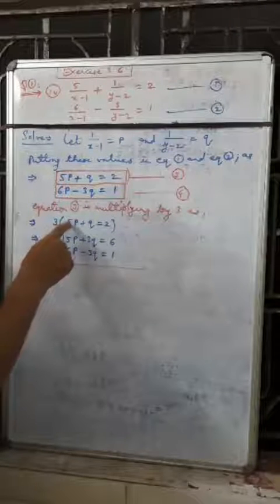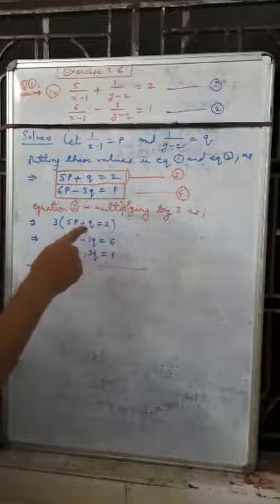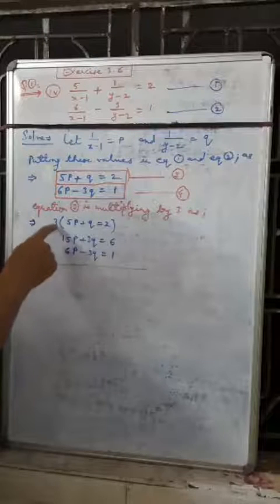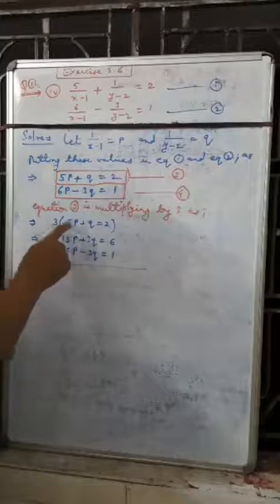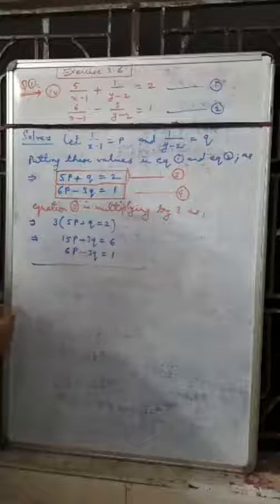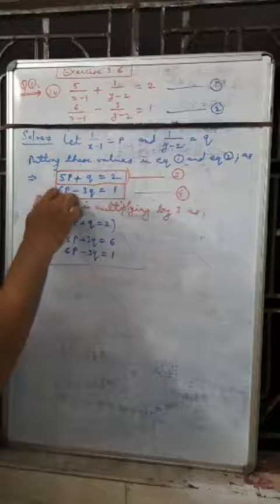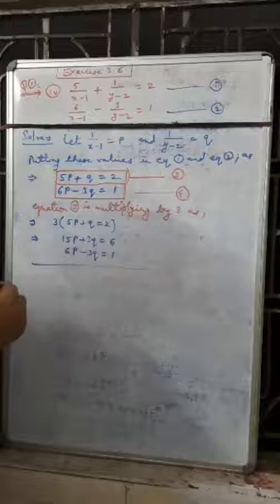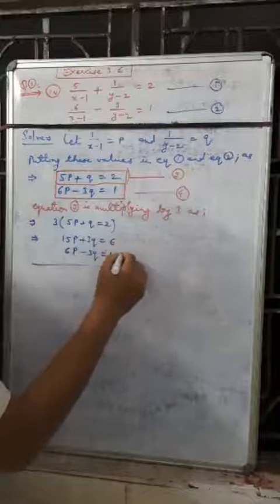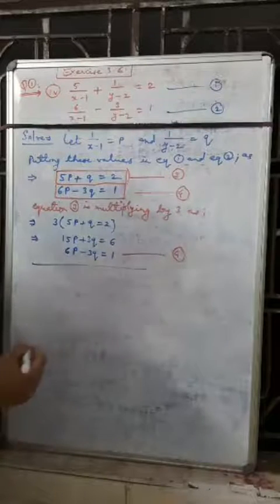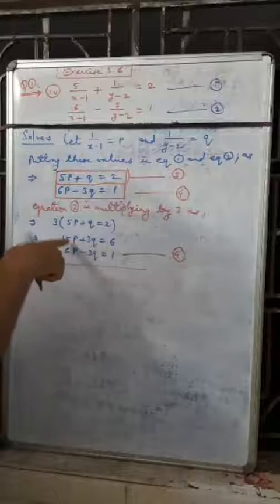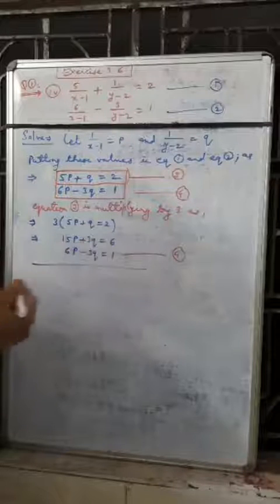So 3 into 5p plus q is equal to 2. Now 3 fives are 15p plus 3q, and 3 twos are 6. Equation 4 is copied as it is. So equation 3 has become 15p plus 3q equal to 6.